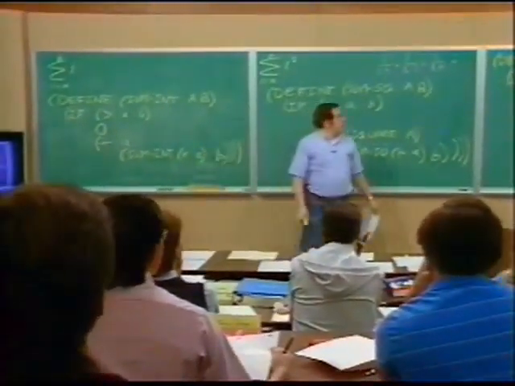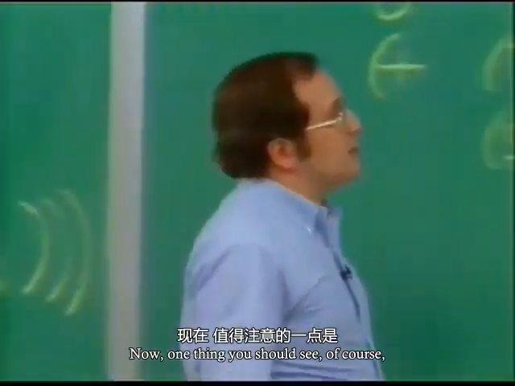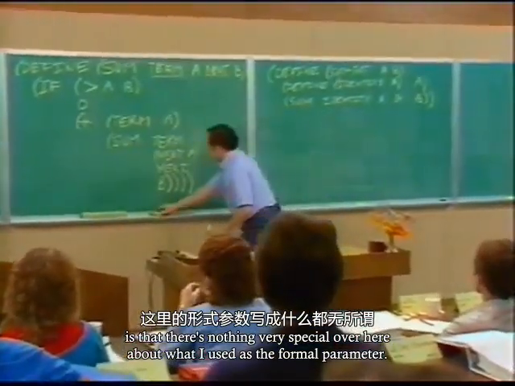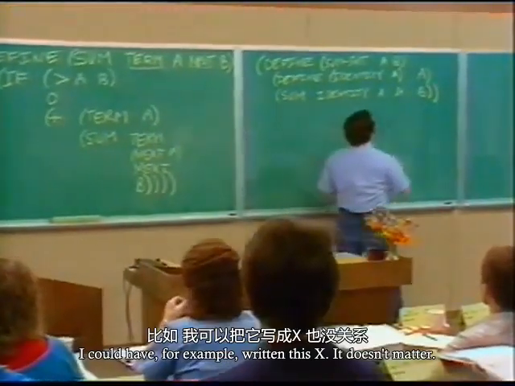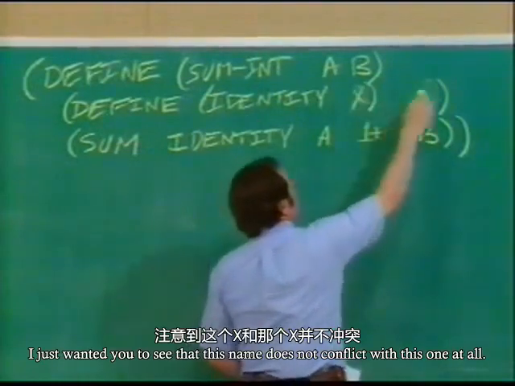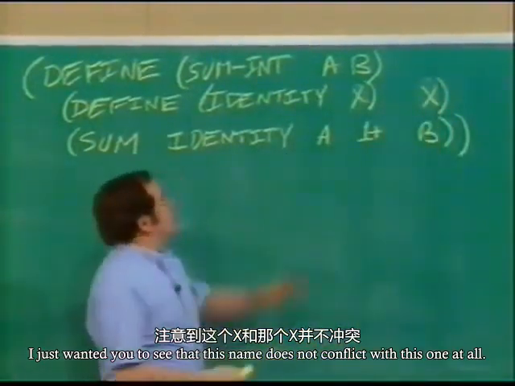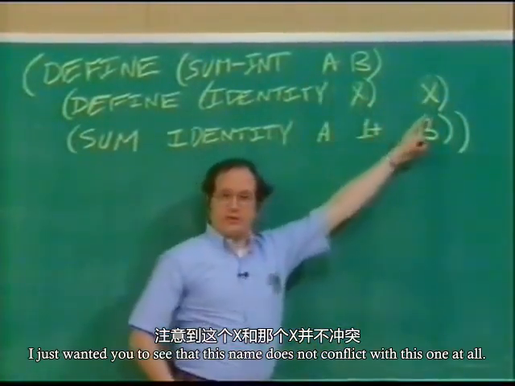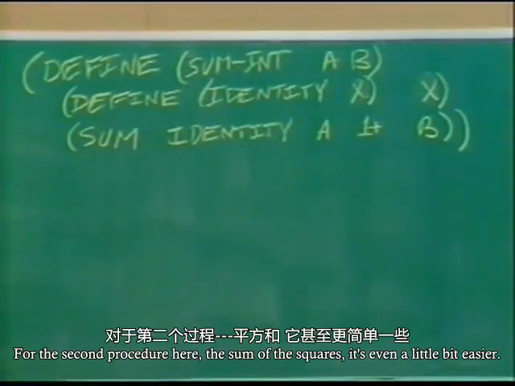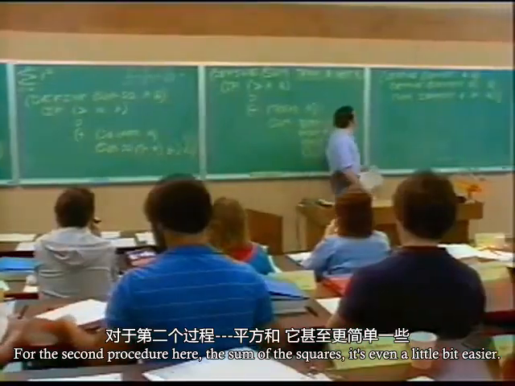Now, one thing you should see, of course, is that there's nothing very special over here about what I used as the formal parameter. I could have, for example, written this x. It doesn't matter. I just wanted you to see that this name does not conflict with this one at all. It's an internal name. For the second procedure here, the sum of the squares, it's even a little bit easier.